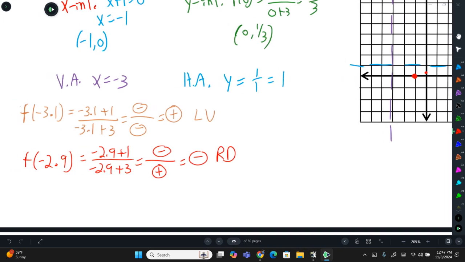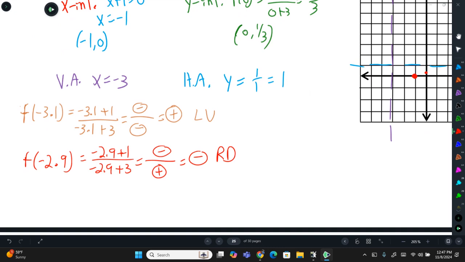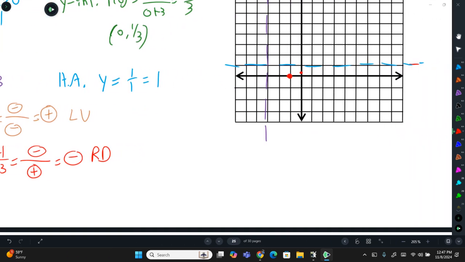All right, now for the end behavior, we are going to substitute in negative 1,000 and 1,000. So f of negative 1,000 is equal to negative 1,000 plus 1 in the numerator, over negative 1,000 plus 3.